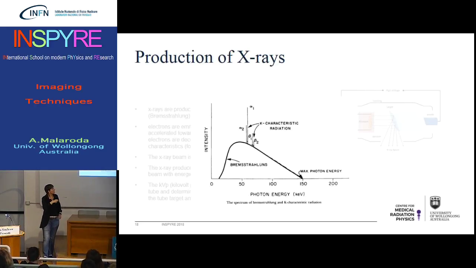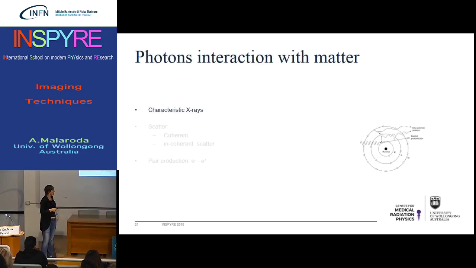So these are going to be characteristic of whichever material you're using to produce your Bremsstrahlung. They will have characteristic energies. And actually, by measuring the position of those spikes, you can determine which material you used with some accuracy.